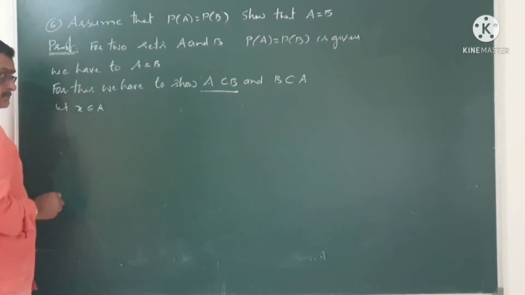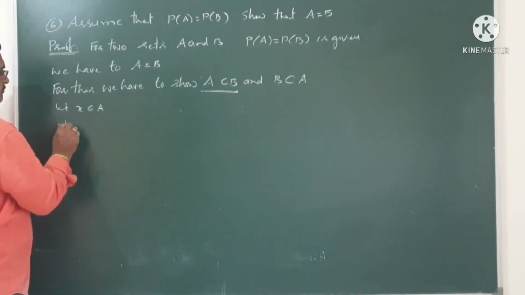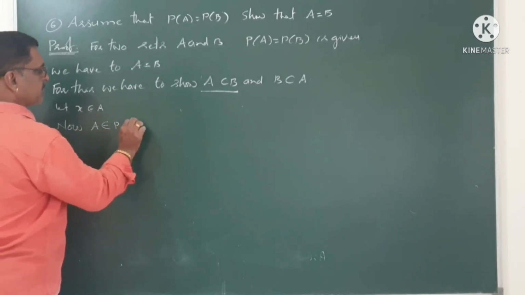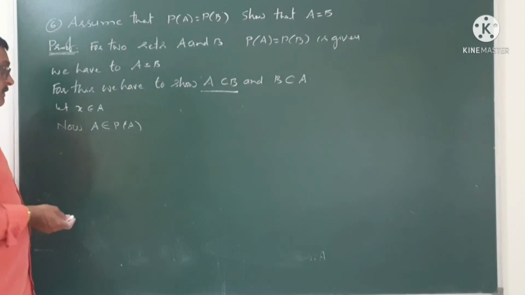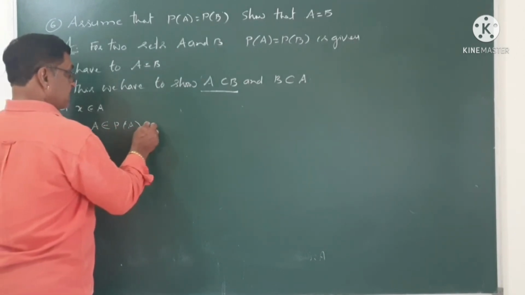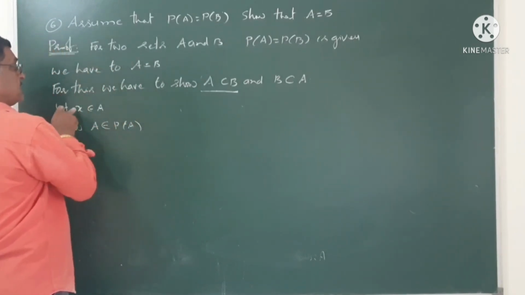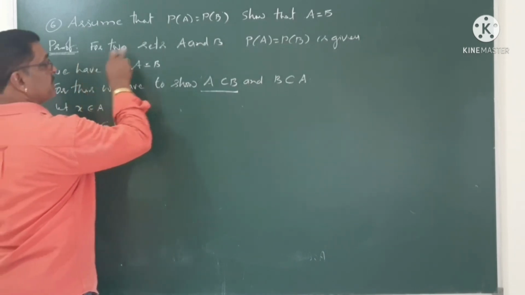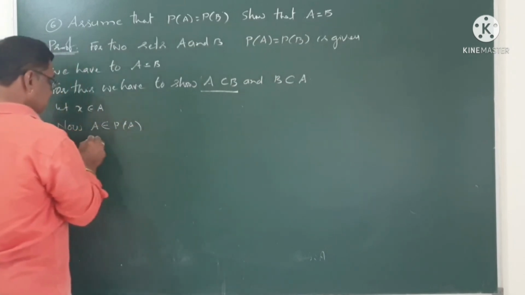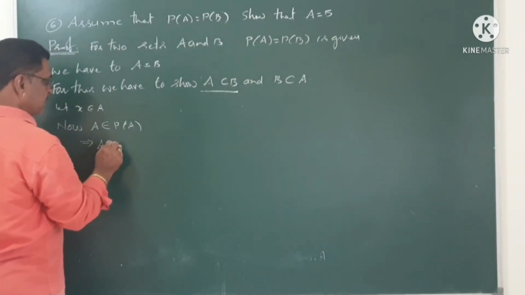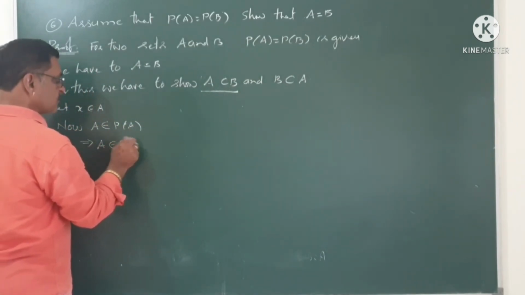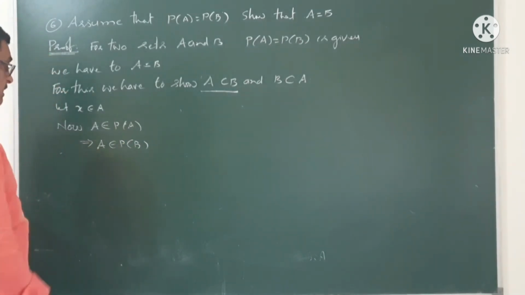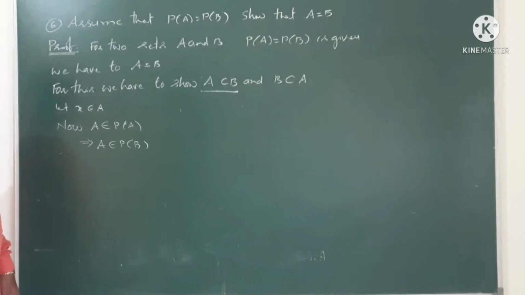Let x belong to A. Now, A belongs to P of A. Obvious. When A belongs to P of A, since P of A is given as P of B, this implies A belongs to P of B also.